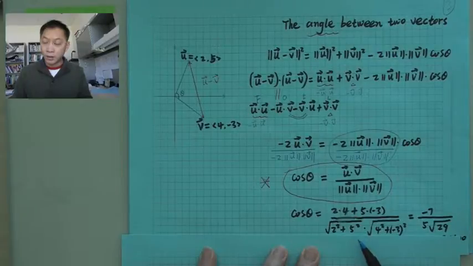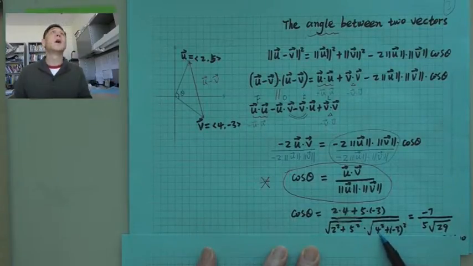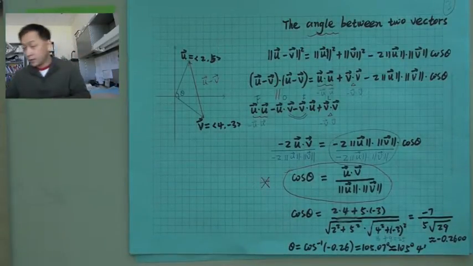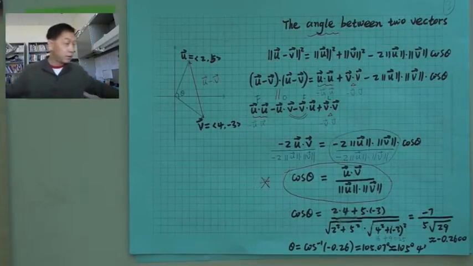And down here, you see here is 4 squared plus 3 squared. If you want me to calculate that, I can calculate it. There are some details down here.